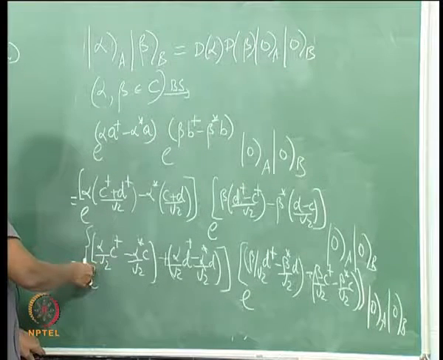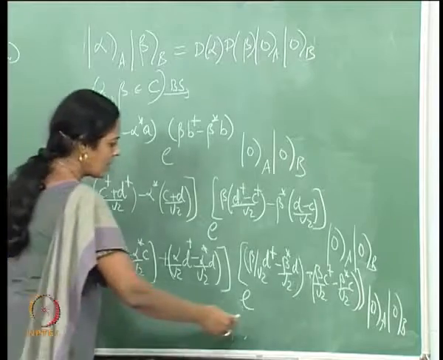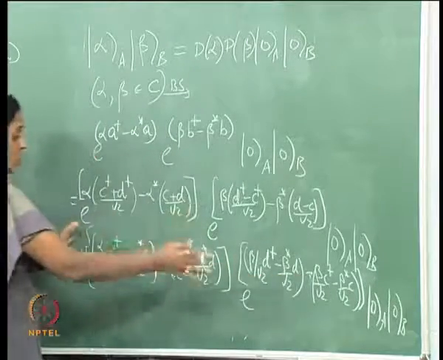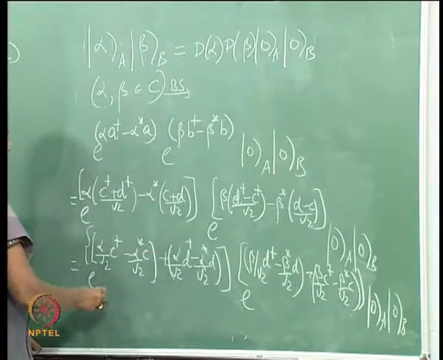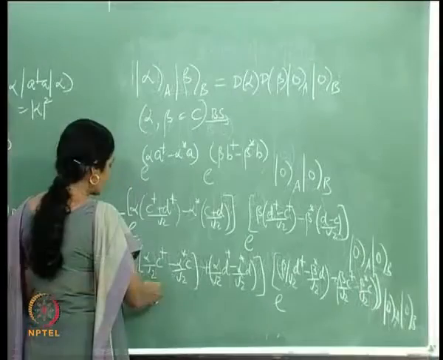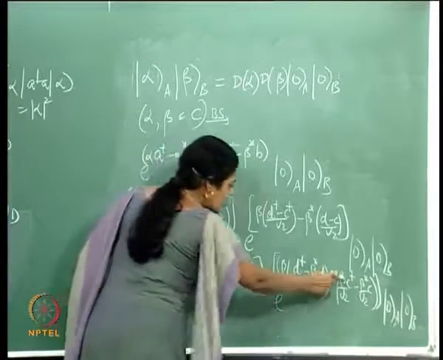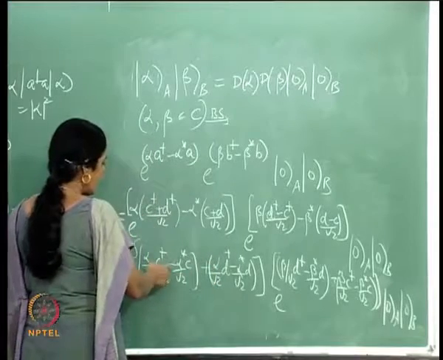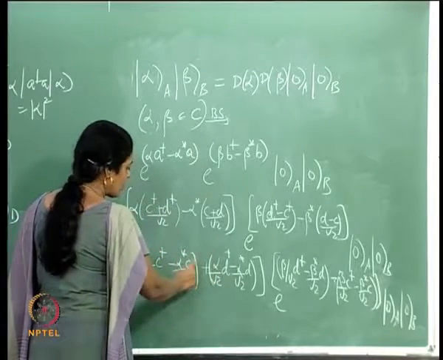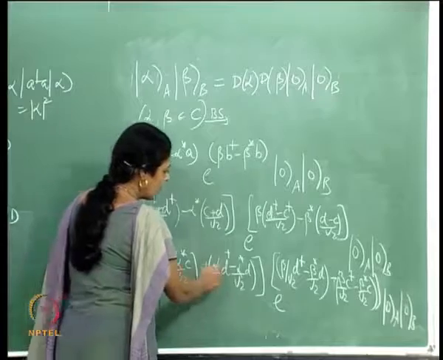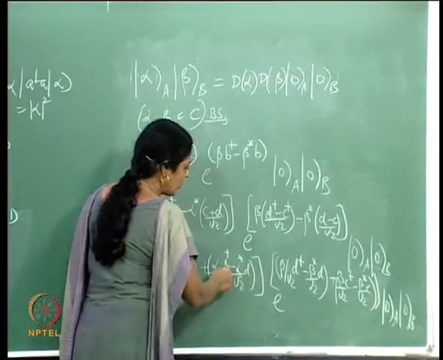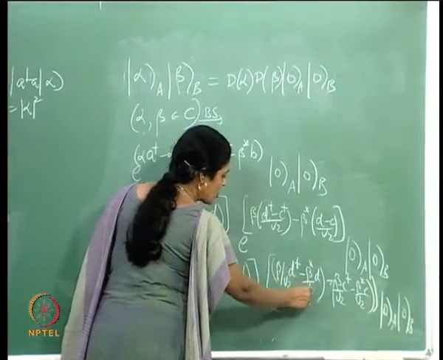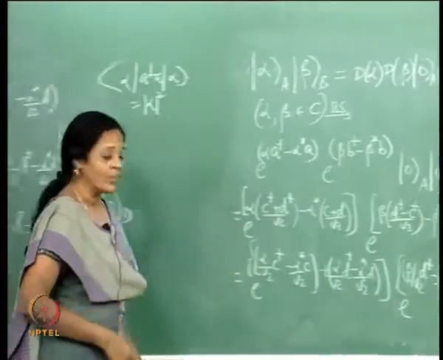Out here, in fact, once I do the disentanglement and I combine things, I should be able to get alpha minus beta by root 2 c dagger minus alpha star minus beta star by root 2 c, that will be one term. Then I have alpha plus beta by root 2 d dagger minus alpha star plus beta star by root 2 d, that would be the other term.